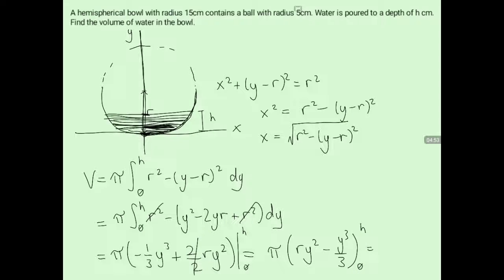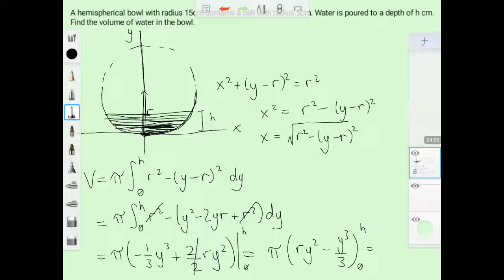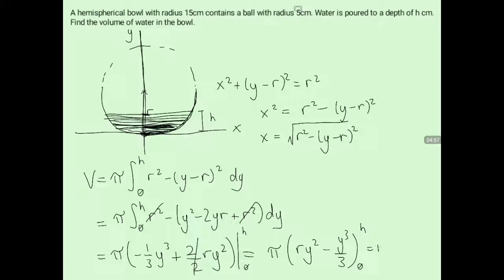So when we evaluate this, what we get is pi times (r h squared minus h cubed over 3). Now when we plug in 0 and subtract that, it's just going to give us 0.